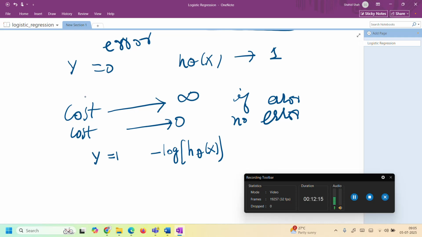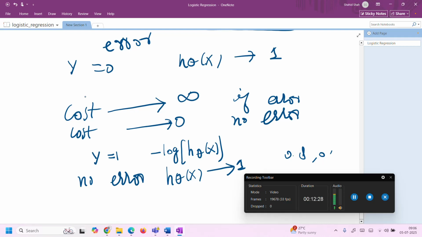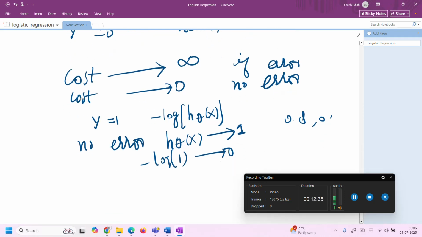If y is 1, then if there is no error, what does that mean? That h theta of x will also be tending towards 1, maybe 0.8, 0.9 or so. So what is log of something which tends to 1? It is 0. So that is what we want, cost is 0.